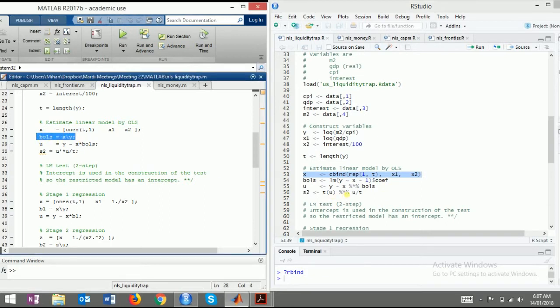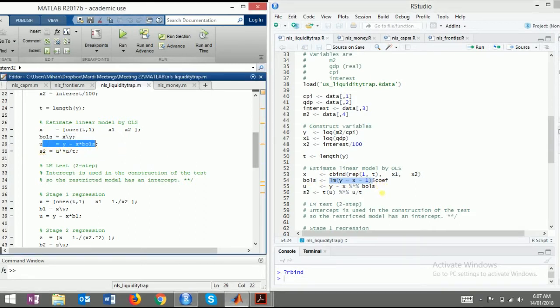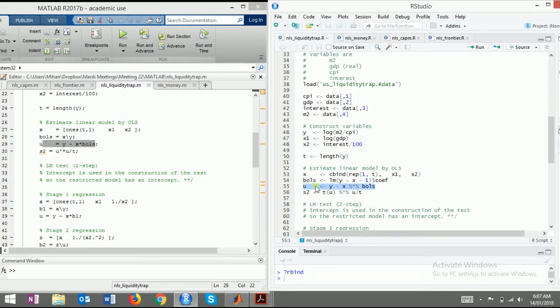Linear model regress y on x minus 1 coefficient. We are taking the coefficient values only from this regression. We are just putting the coefficient values in volts, then y minus x volts, and then sigma square.